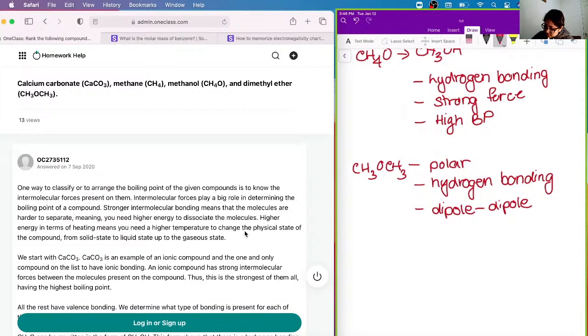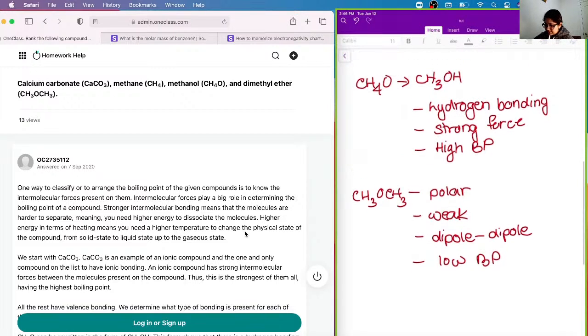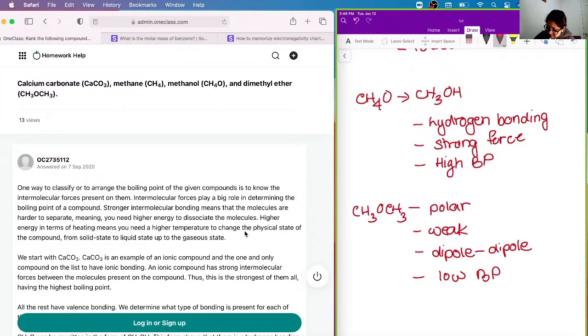Oh, sorry, this does not have hydrogen bonding. Okay, so it's pretty polar, and because of this, there's dipole-dipole. And since we know that dipole-dipole is weaker than hydrogen bonding, you can say this is weak. So this would have a low boiling point. So the only thing we need to now compare are these two, and we can say that methanol is our second, and this is our third.